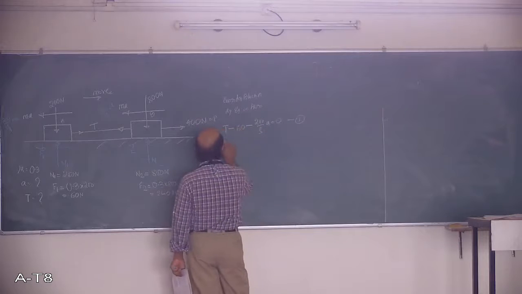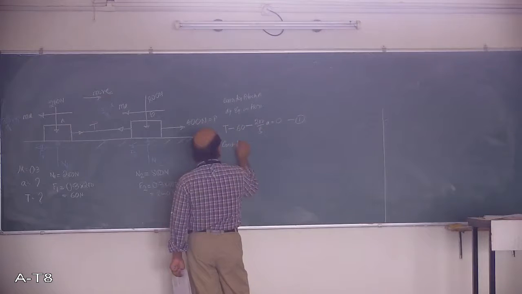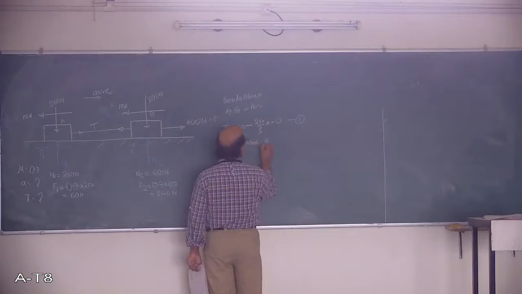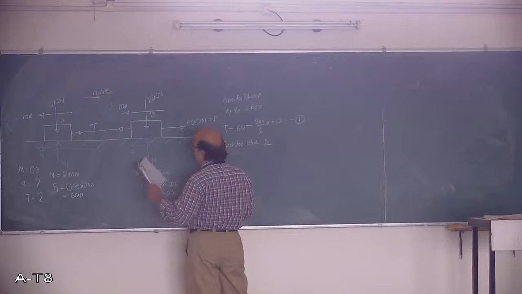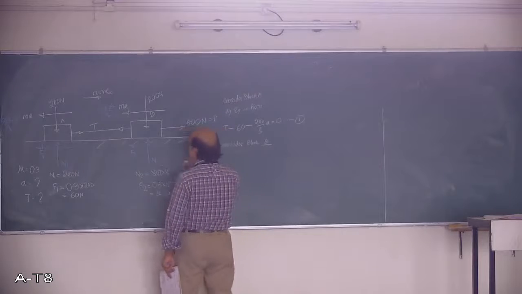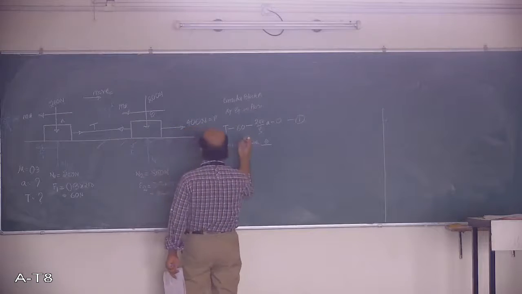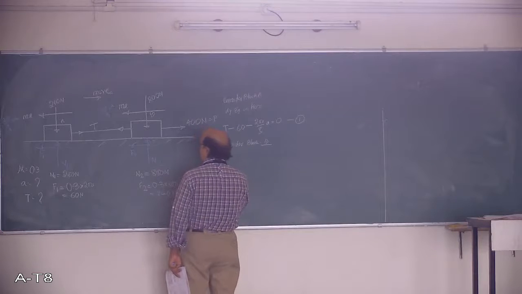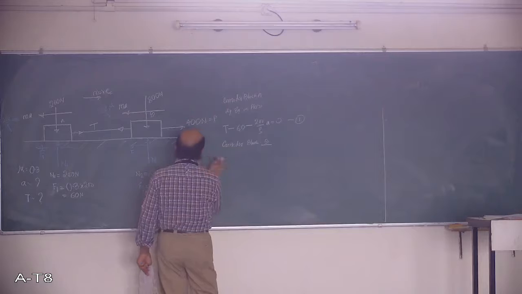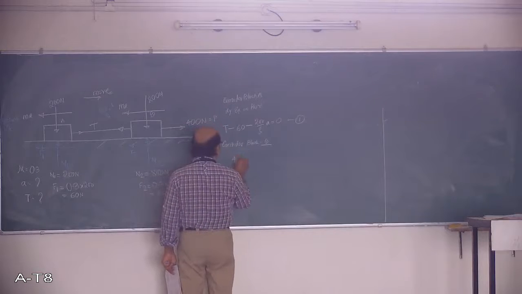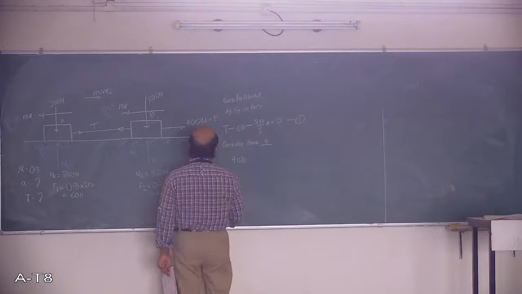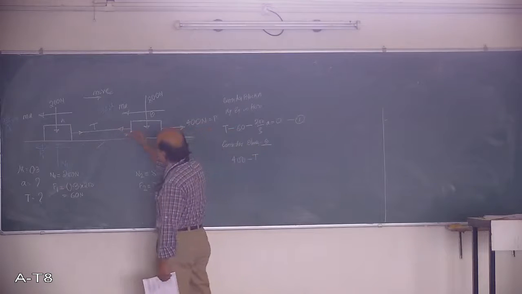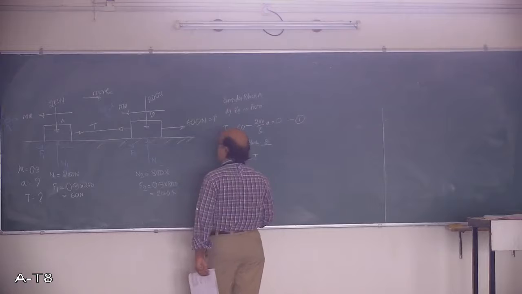Same, consider block B. So here also apply dynamic equilibrium. It is subjected to T in this direction, there is a force P acting in this direction, and just now I took T as positive on that side. Now here I will take P as positive. So the right direction of the x-axis will always be positive, 400, minus T. Now this direction will be opposite to that, and it is pulling that one.